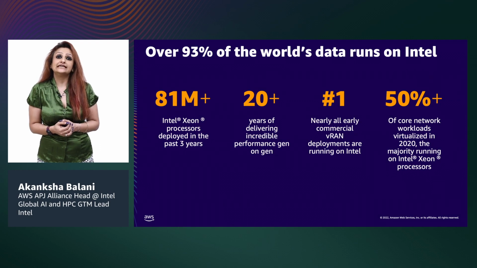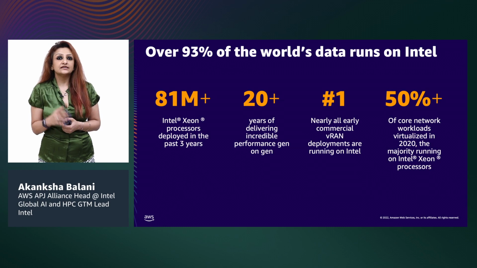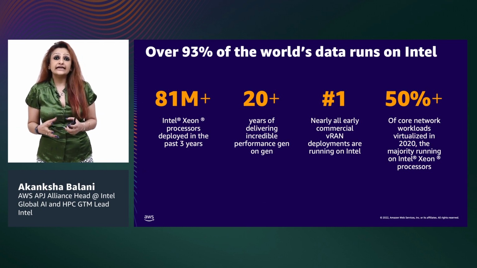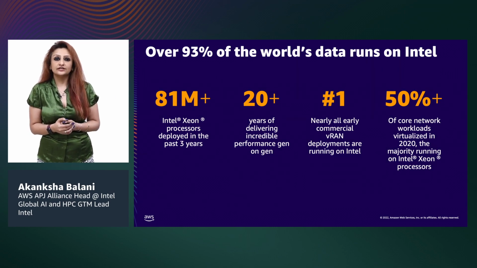Since we've talked about data, since we've talked about industry transformation, let me tell you a little bit about the journey Intel has had. Intel has moved away from being just a PC-centric organization to a strong data-centric organization, so much so that 93% of the world's data runs on Intel. And those numbers are showcases on their own.